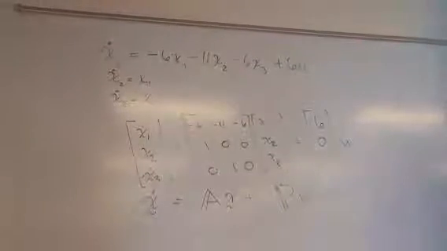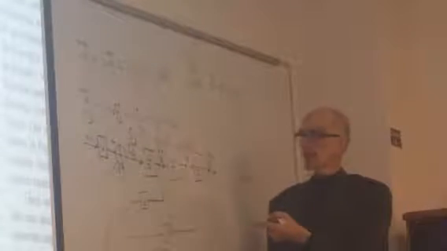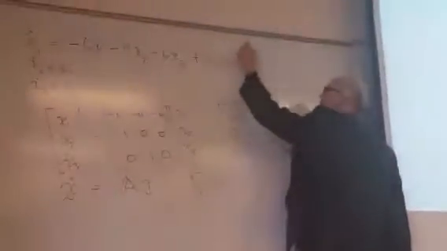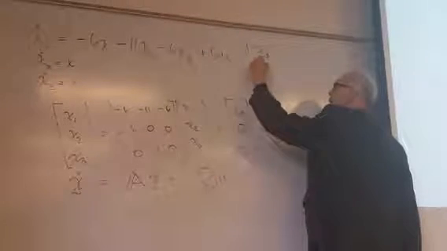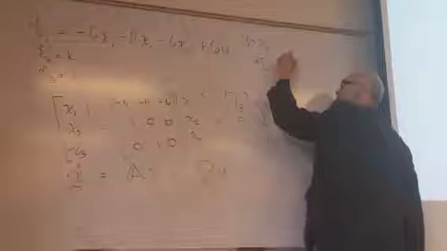All right, and now to get the output of the system. Remember, the transfer function, you start at the very beginning, you end at the very end. So the output is just y, which is x3. So if y is x3, how do I write that as a function of this?